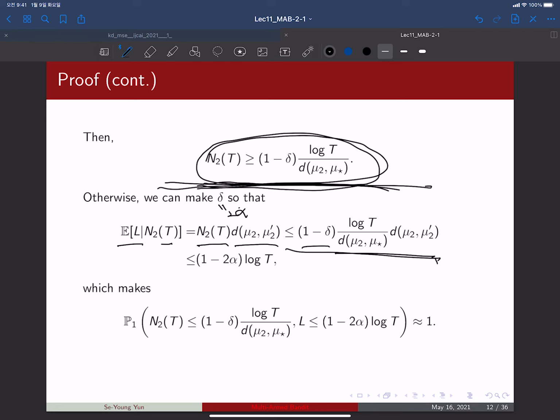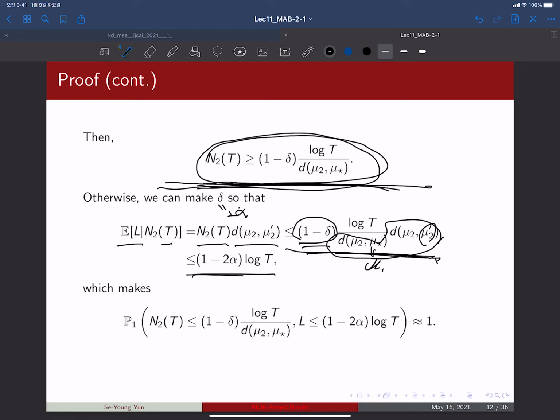And when we set delta equal to 2 alpha, this value is upper bounded by 1 minus 2 alpha log t, because we set mu2 prime slightly bigger than mu star, mu1. So d of mu2 mu star is less than d of mu2 mu2 prime. So this value is bounded by 1 minus 2 delta.